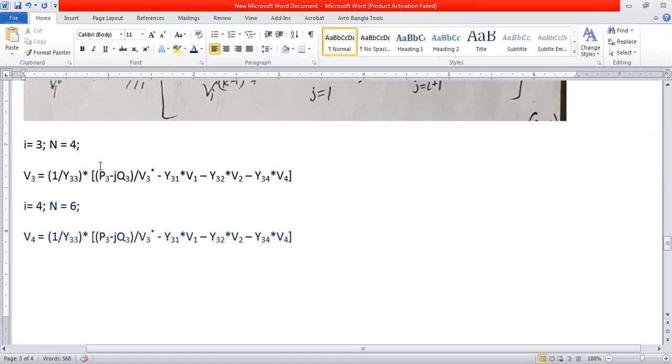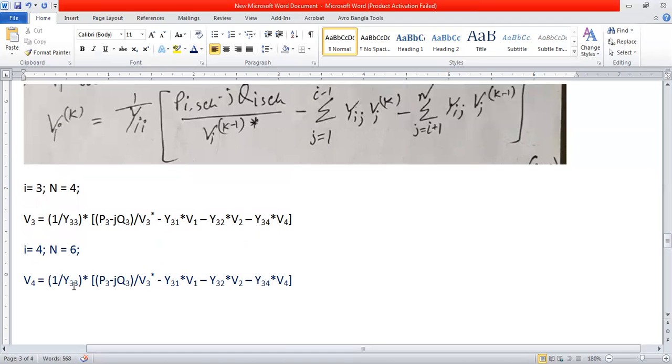Now 1 by Y44 into P4 minus JQ4 divided by V4 conjugate, so Pi minus JQi with I equal to 4. Minus, J is equal to 1 up to I minus 1. I is 4, so 1 up to 4 minus 1, that is 3.